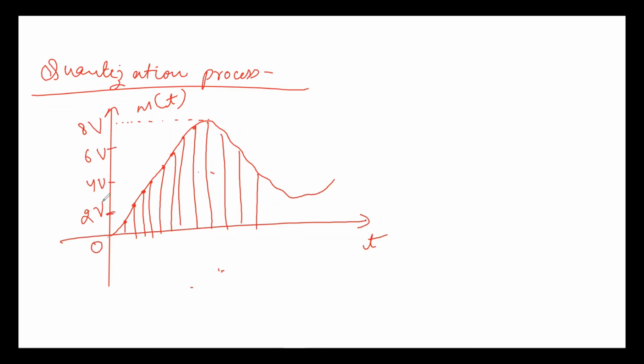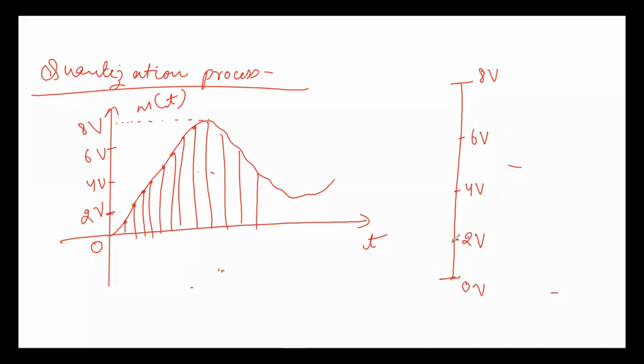Let's make one axis here, from 0 volt, the minimum value, to 8 volt, the maximum value, divided into 4 parts at 2, 4 and 6 volt. Now I have to choose one quantization voltage for each part, the middle of each section.